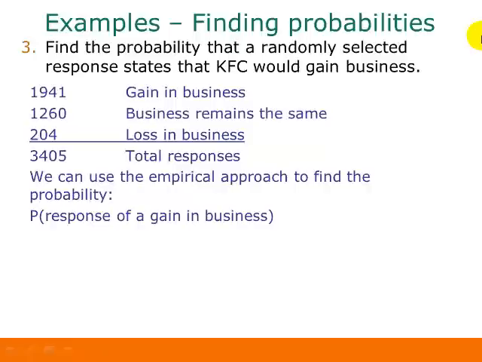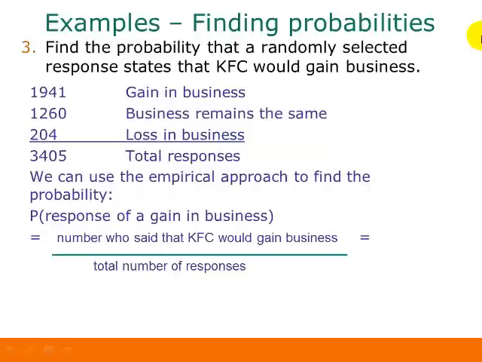So the probability that a randomly selected response says the business will gain would be the number out of all the responses that said there would be a gain in business out of the total number of responses. So that would be 1,941 divided by 3,405, which is 0.570.